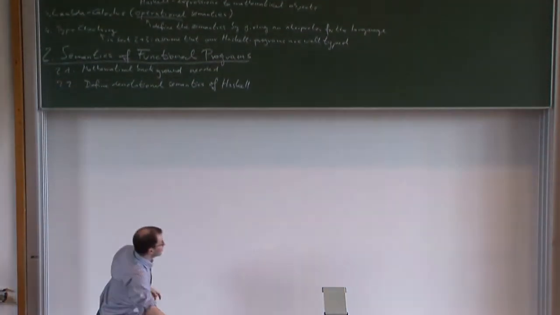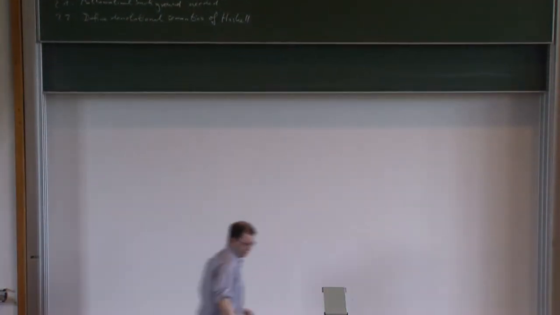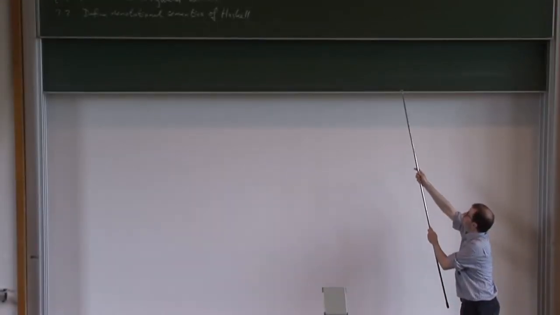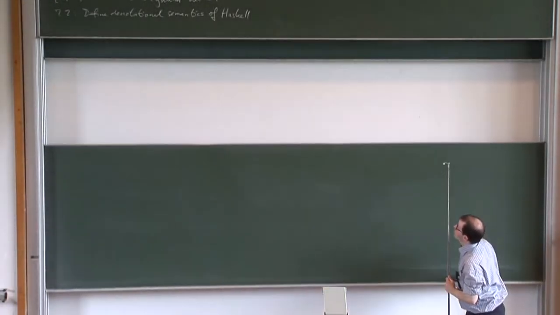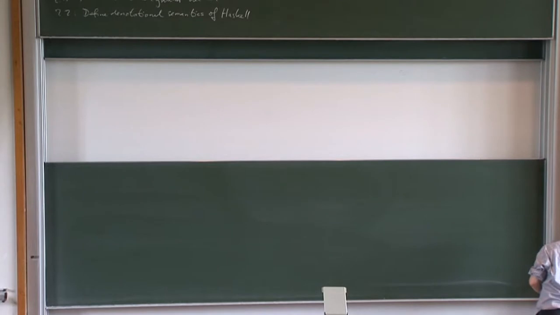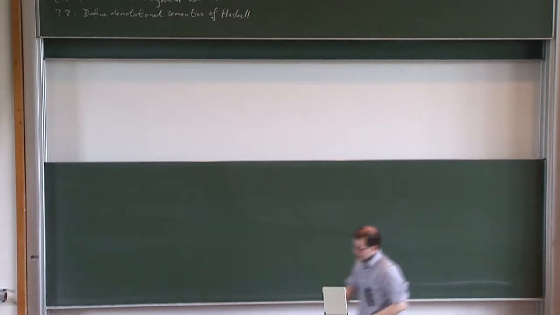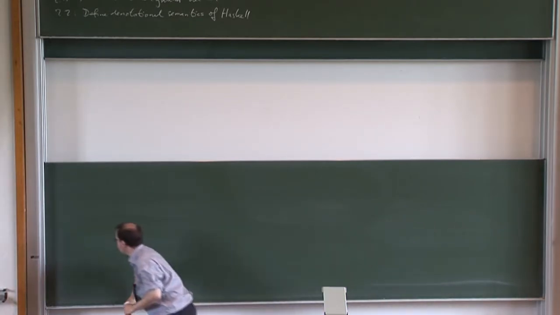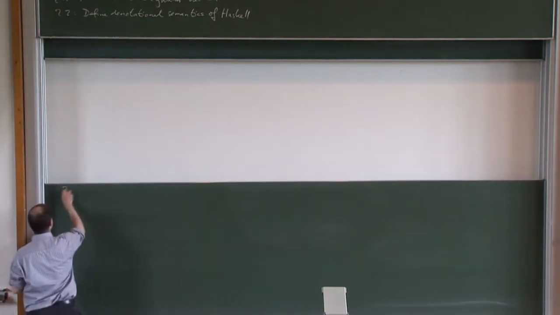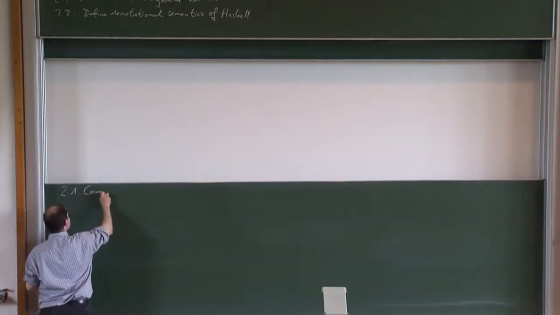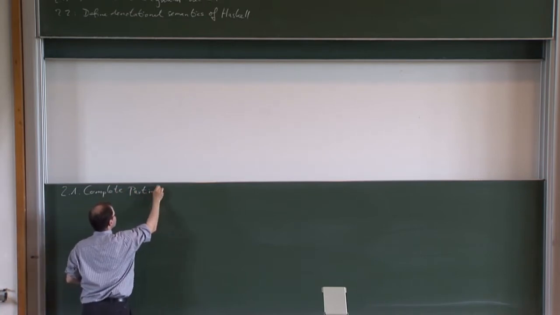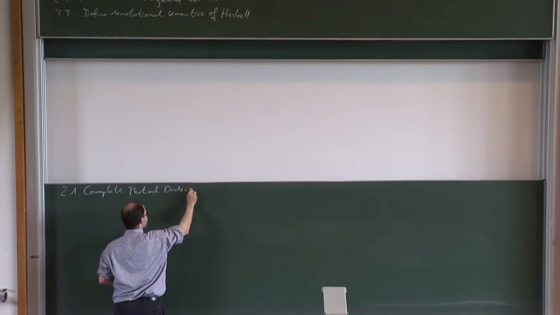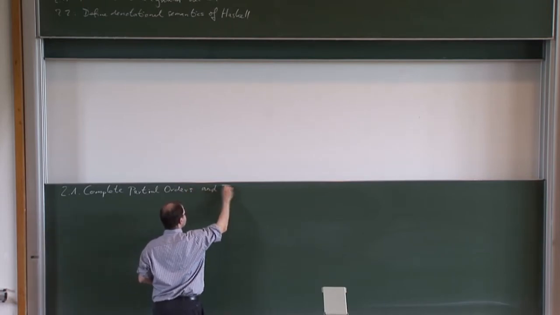Okay, so the mathematical background that we need is concerned with complete partial orders and with fixed points. And this is section 2.1. So we need to know something about complete partial orders and about fixed points.